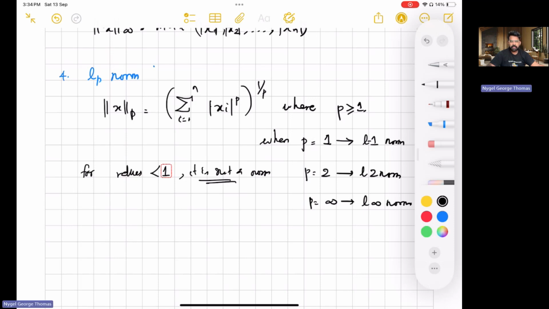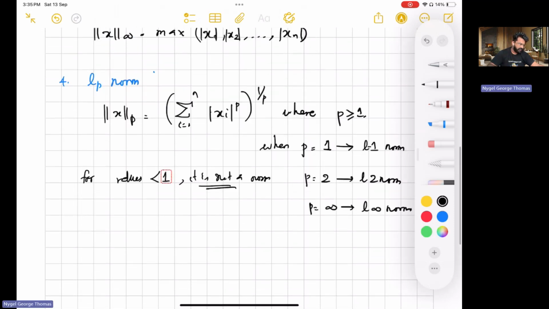Also not. For such cases where it's not a norm, you just have to take one counter case and show that it's not a norm.